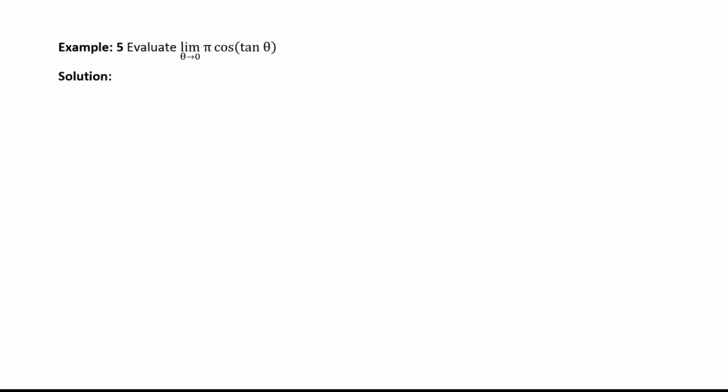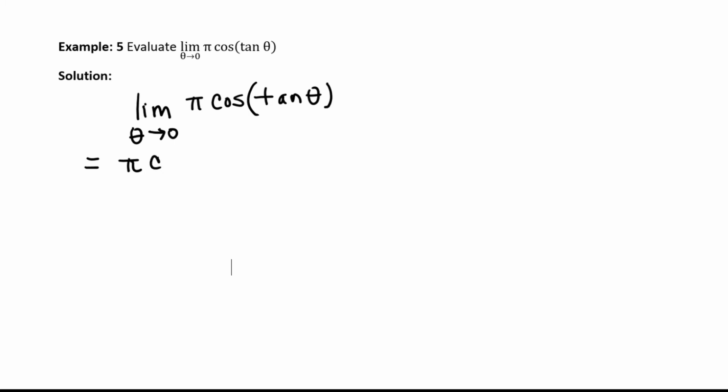So we'll use the theorem we previously looked at and say that the limit as theta approaches 0 of pi times the cosine of the tangent of theta is equal to, we can put the pi times the cosine outside of the limit as theta goes to 0 of tangent of theta.